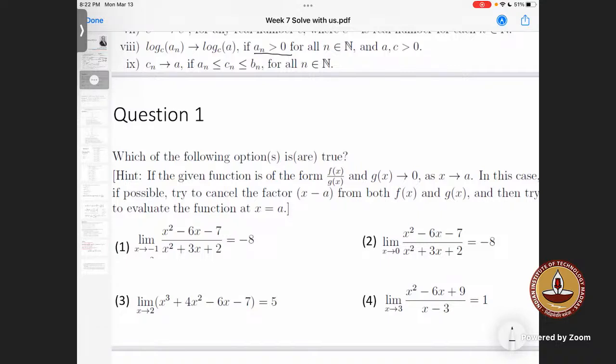Jitendra, have you solved each and every question? Your voice is breaking.